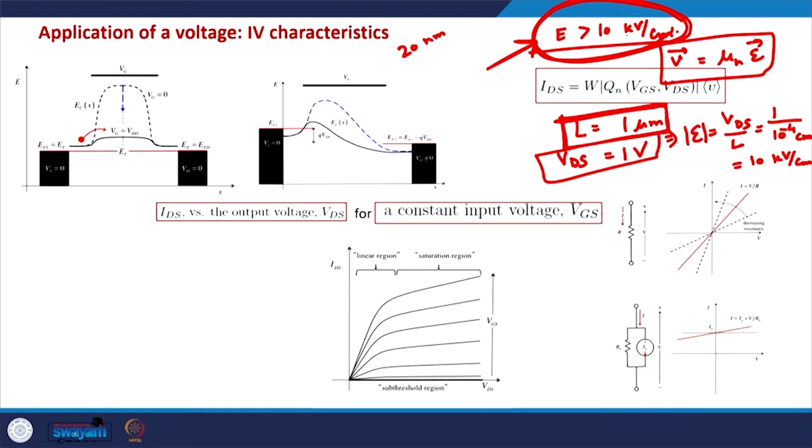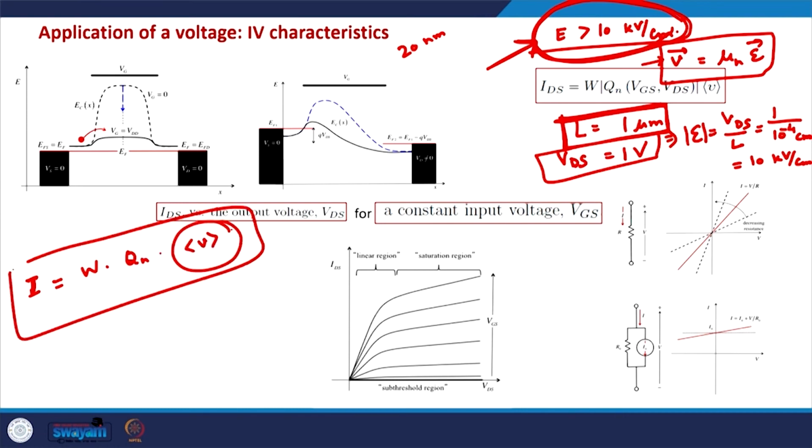In that case we can expect that the velocity of the electrons will saturate, and because the current is given by I equals W times Qn times V, if the velocity saturates, the current will also saturate, given everything else is constant.